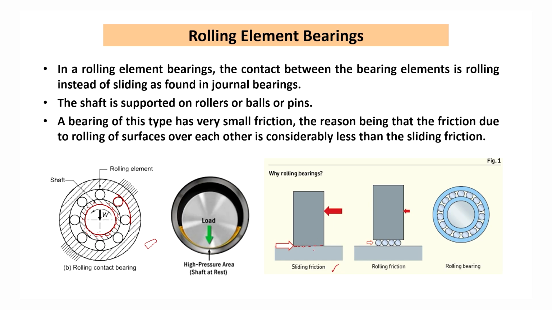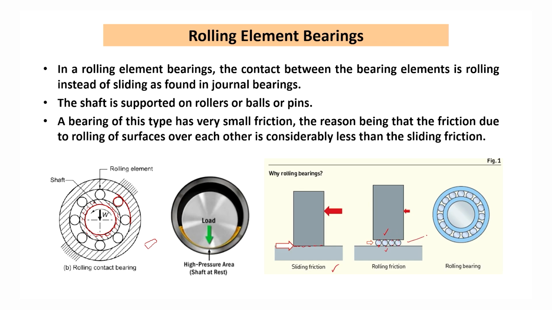Now, if these two surfaces are separated by rollers, then the amount of friction will be considerably reduced, because now the contact between this and this will be a point type of contact instead of surface contact.